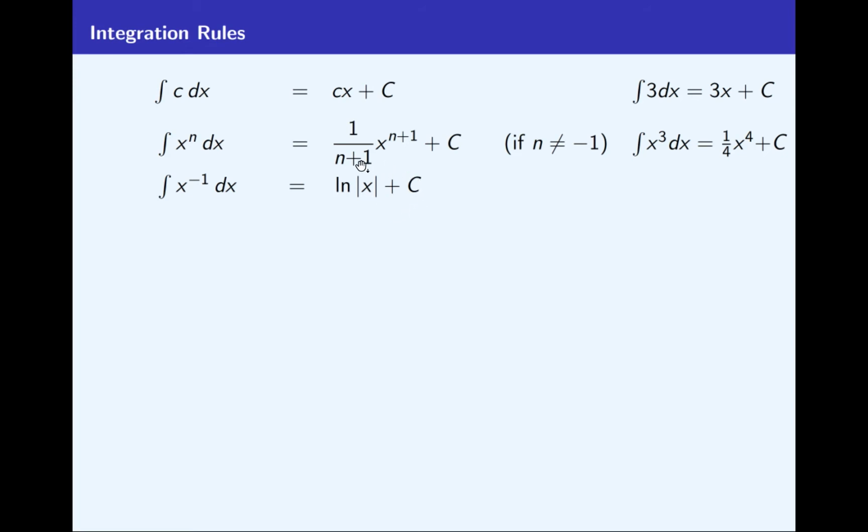Remember, we have a derivative rule that says the derivative of ln of the absolute value of x is x to the power of -1, or 1 over x. So this is how you would use the power rule if n were actually equal to -1. In that case, your integration rule works as indicated here. And you often see this as the integral of 1 over x dx equals ln of the absolute value of x plus c.